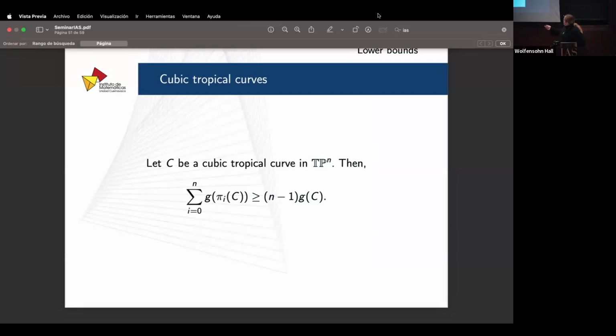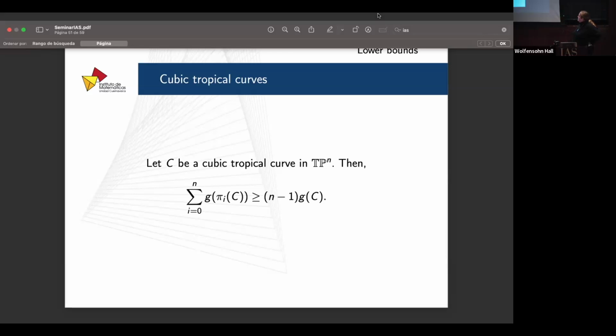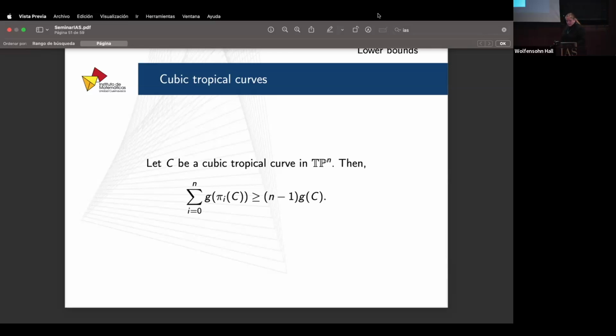Okay, then if it collapses in at most two, we have this inequality. The sum of the genus of all the projections will be... I'm going to project in all n+1 directions.